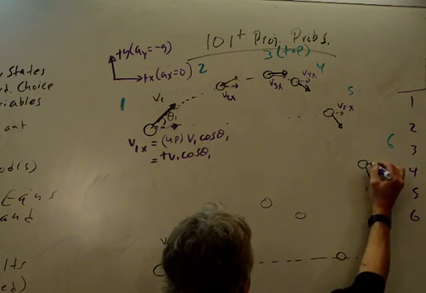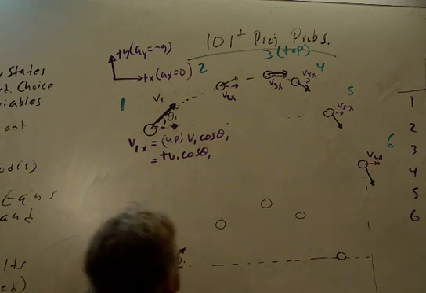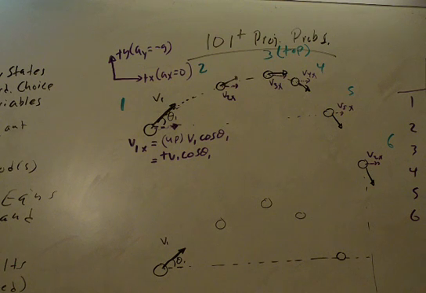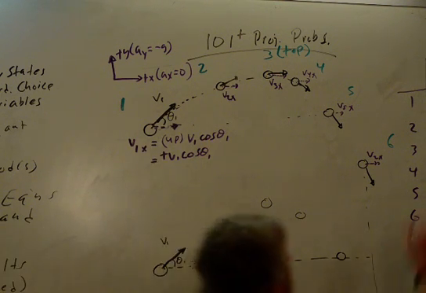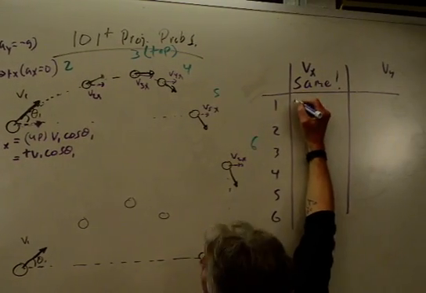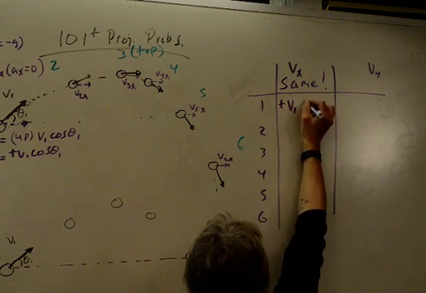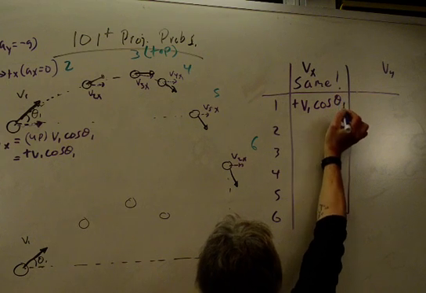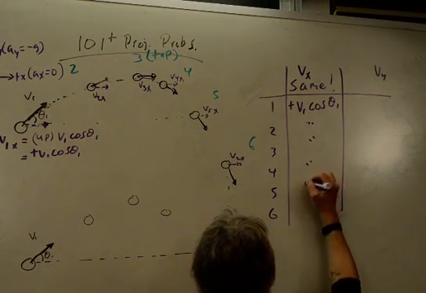And here, V6x. And what do we know about Vx? It's always the same. Find it anywhere you can, and you have it everywhere. And so, for example, here it's positive V1 cosine theta 1. And it's the same everywhere.